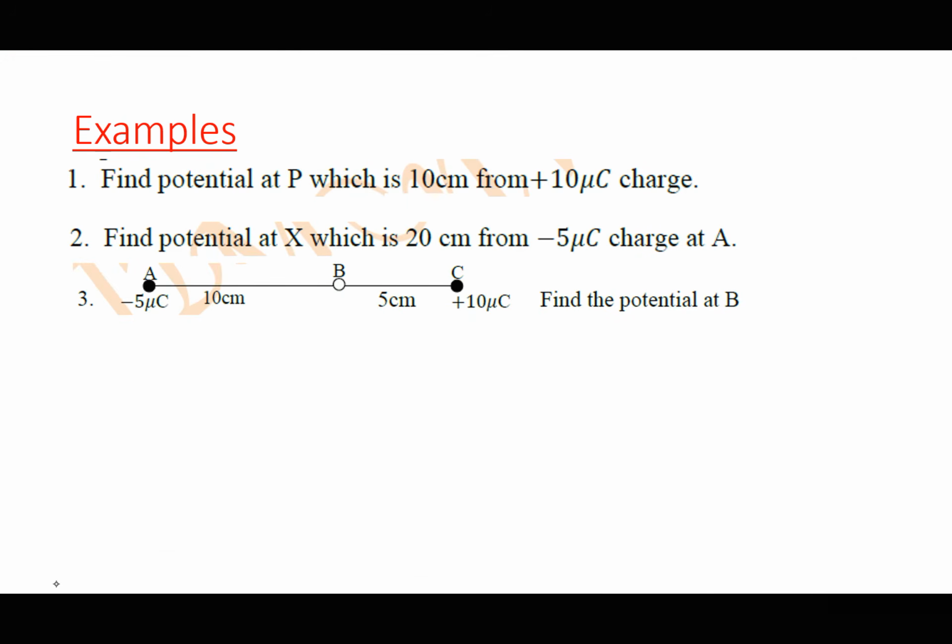Example number one. The examples are straightforward and very easy, so we can just run through them. Let me pick my calculator so that this moves very smoothly.